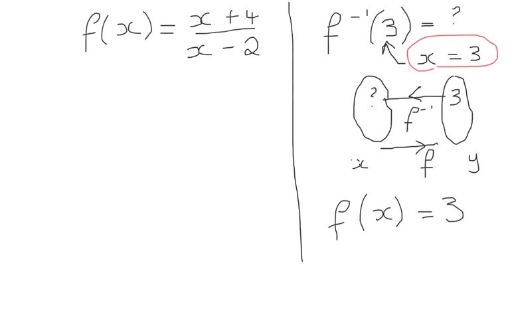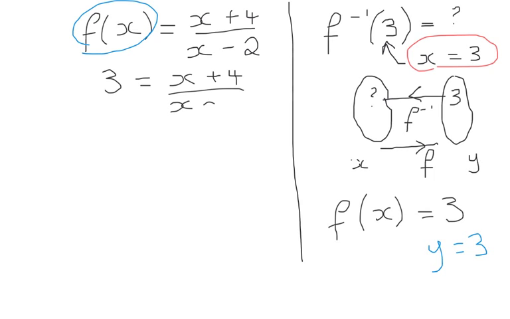So in the inverse function, x is 3. In the normal function, that means y is 3, or f of x equals 3. So we can actually substitute f of x equals 3 and work out x. So we put 3 here, x plus 4 over x subtract 2, and calculate x.